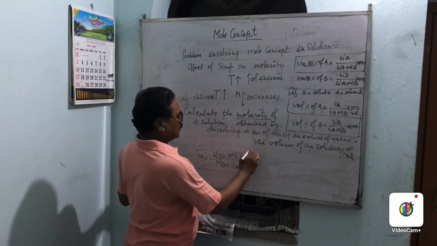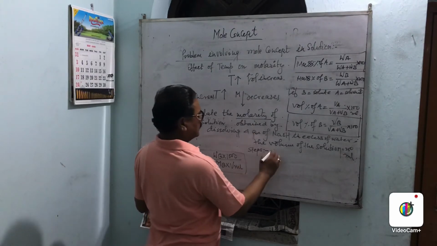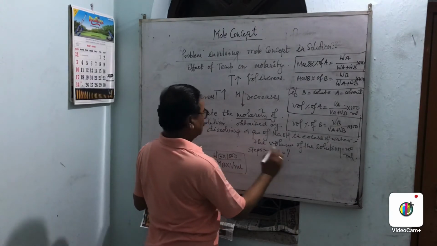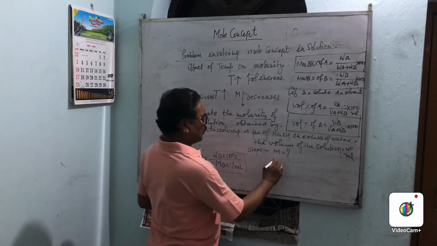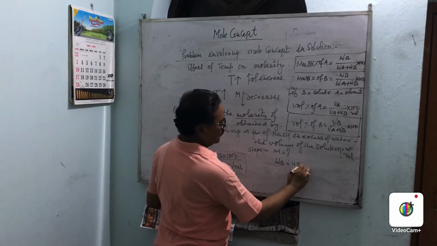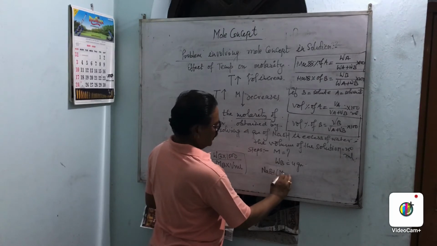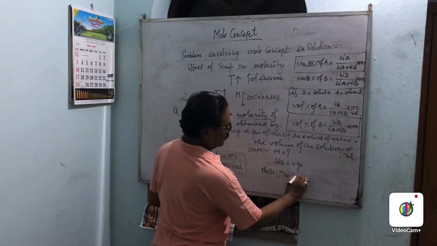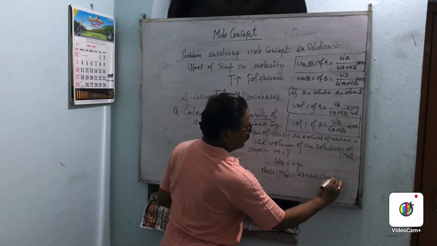Molarity we have to calculate by the formula method. The solution is obtained by dissolving 4 gram of NaOH, weight 4 gram. Now this is NaOH, so its molecular weight is equal to 23 plus 16 plus 1, that is 40 gram.